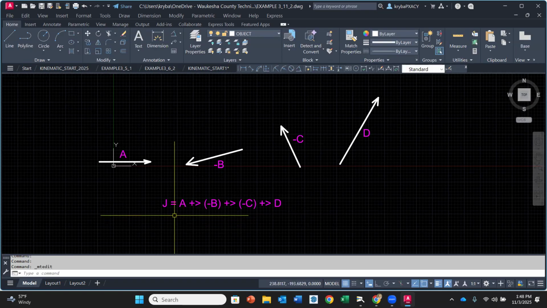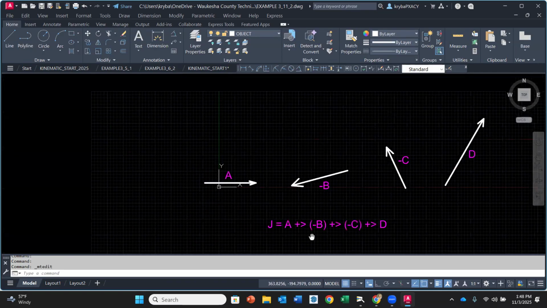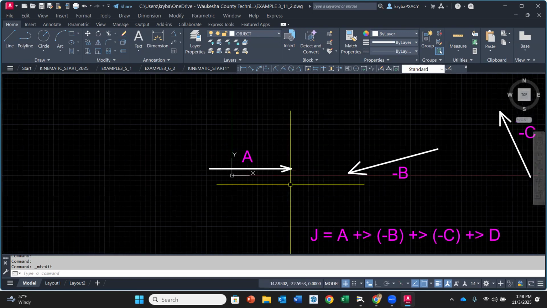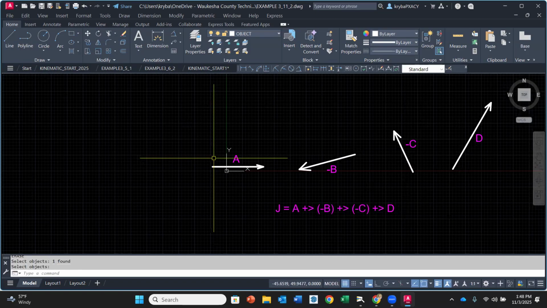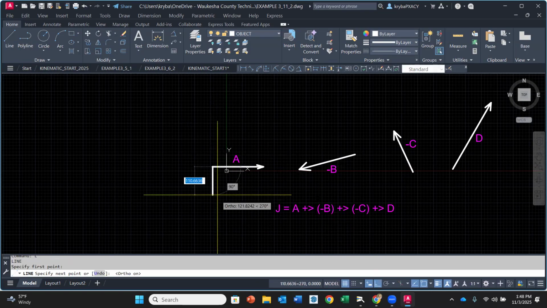If we look at where our origin is, our first vector is going to be A. That means A is going to have the origin at its tail. So I need to add the origin at the tail of A. I'm going to make it a little bit bigger. Origin.